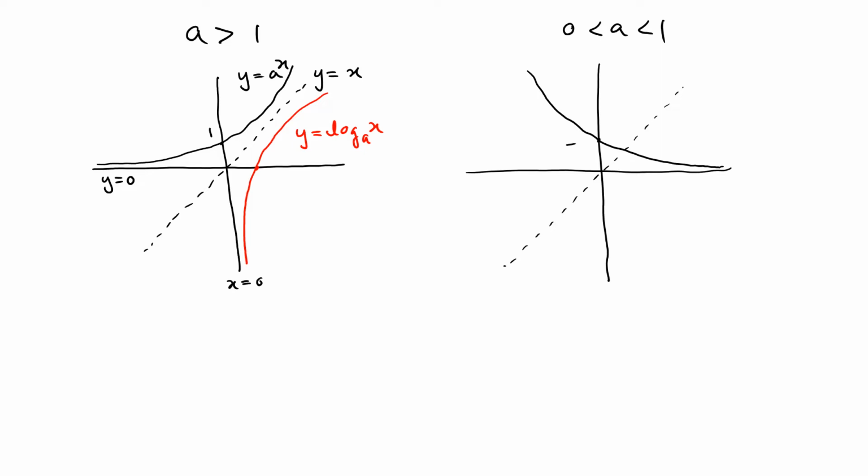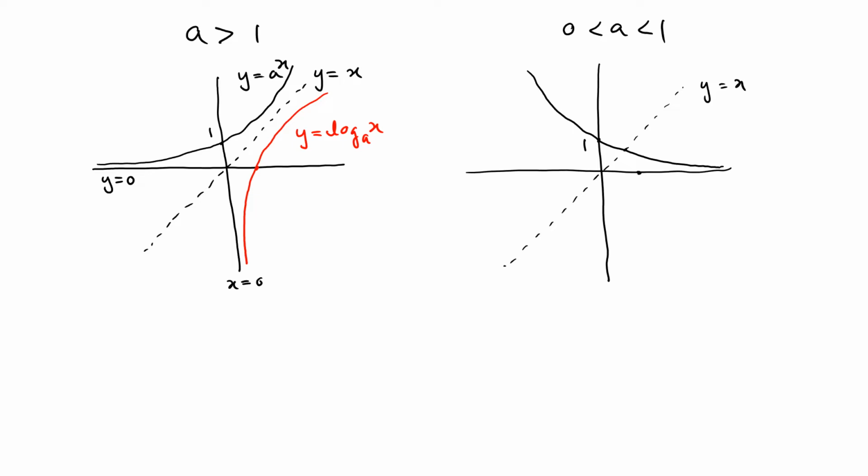What we do is look at the mirror image. This point sits on the line, so that stays there, and then the other jumps to the other side. So the new graph is going to look like this now.